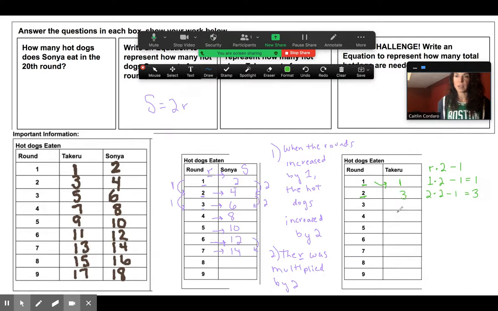That's how many he ate in round 2. We took the rounds, multiplied by 2, that's 6, minus 1 equals 5. So we could see that that is what we did to the R to get Takuro. So Takuro ate 2 times whatever the round was, minus 1. That always told us what Takuro's was. So we can see the relationship from X to Y.